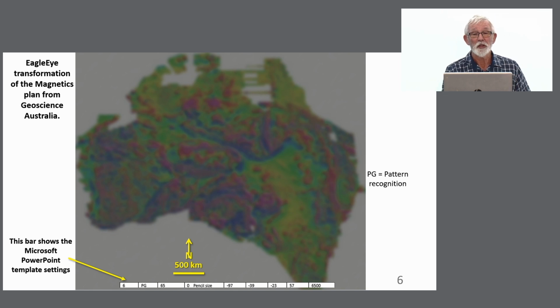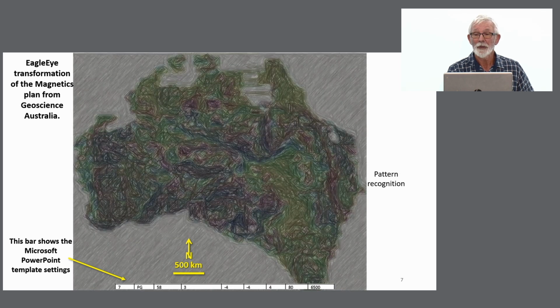So, pattern recognition of that same image: you fuzz everything and you make it darker to cut down your regional gradients, and darkening it brings in structures that you otherwise wouldn't see. More pattern recognition.